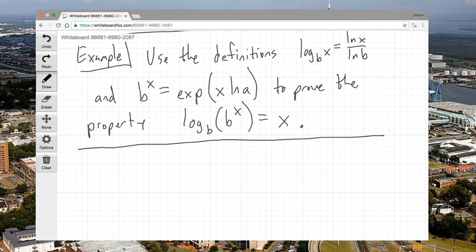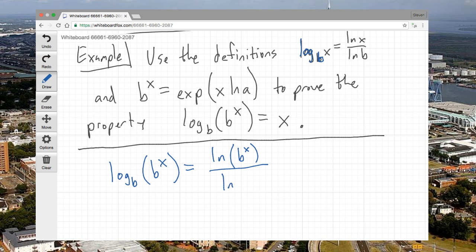So what do I need to do here? Well, I'm going to apply all these different definitions. I'm going to start with the left-hand side. Log base b of b to the x. And I've got a nice definition of log base b of regular x. So I'll just use that. Natural log of, well, instead of regular x, I have b to the x, divided by the natural log of just b.